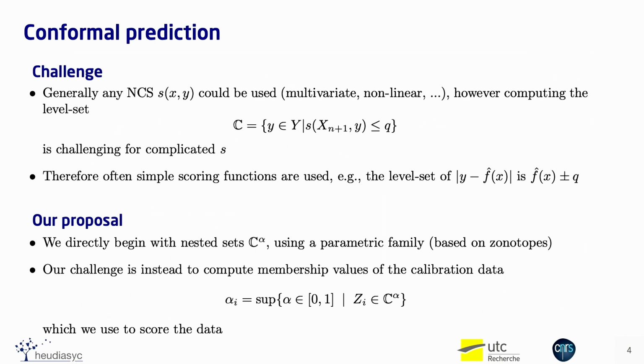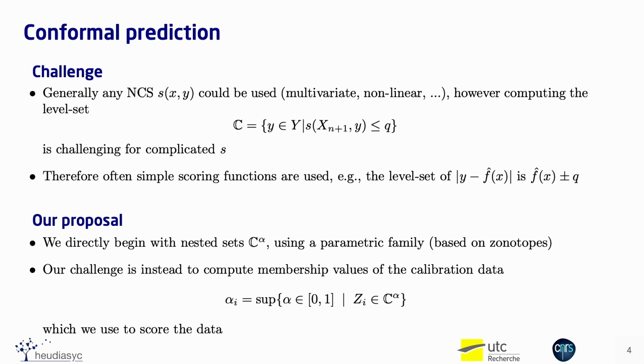Okay. So we've heard a lot about conformal prediction. I'm just going to say a couple of things about it. Generally, these nonconformity scores can be pretty much anything. You could have some multivariate or nonlinear score, except there's this step in conformal prediction where you need to take a level set of the score, right? So you have this Q, which is a quantile of the p-values, and then you need to compute a level set of it.